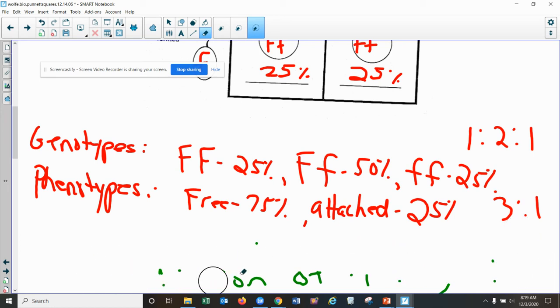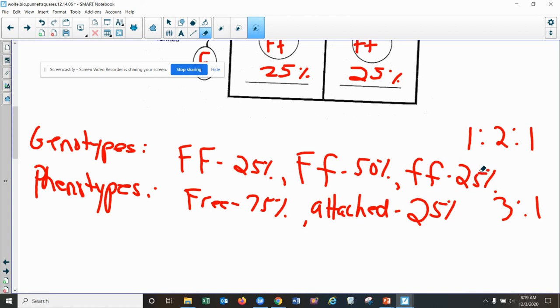Okay, so for genotypes, your chances are there, right? Homozygous dominant, that's how you call that. Please do not say big F, it drives me insane. It's homozygous dominant. It's 25%. What do you call this one? Heterozygous, 50% chance. What do you call this one? Homozygous recessive, it's 25% chance.